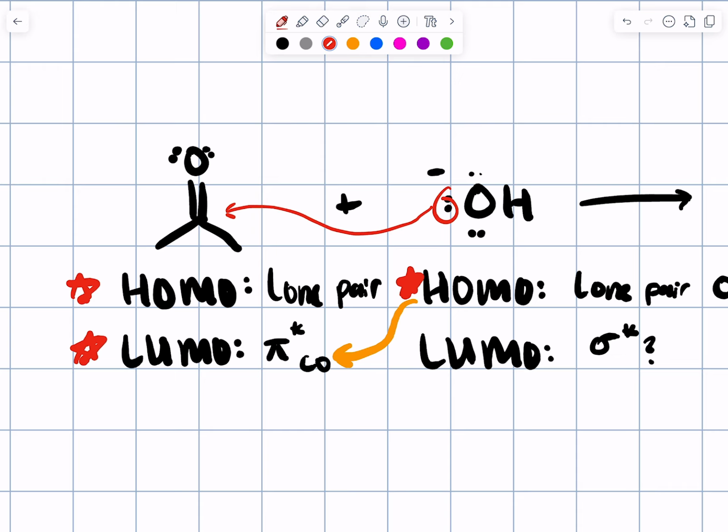Yes? Does having more lone pairs on a molecule mean that it's more likely to be the HOMO? Because I realize we have lone pairs on both molecules. Yeah, good question. The question was, does more lone pairs mean that it's more likely that that's your HOMO? I'll say, and this is probably a really dissatisfying answer, that mathematically speaking, yes.